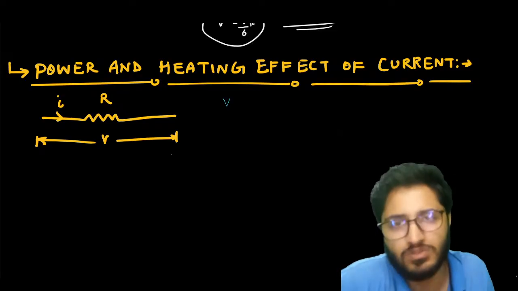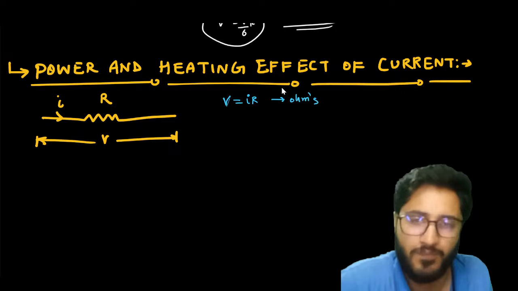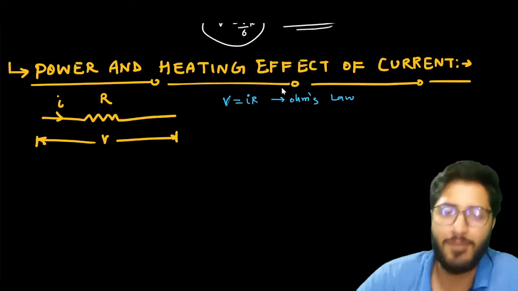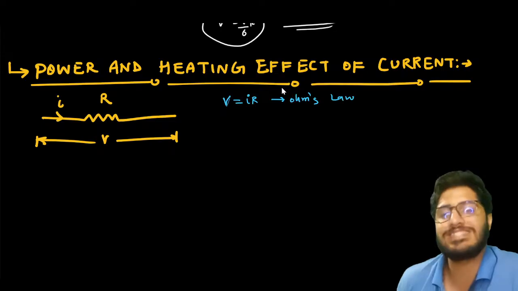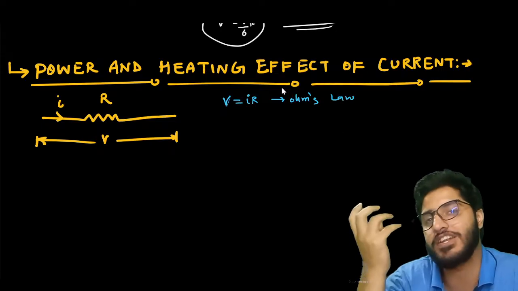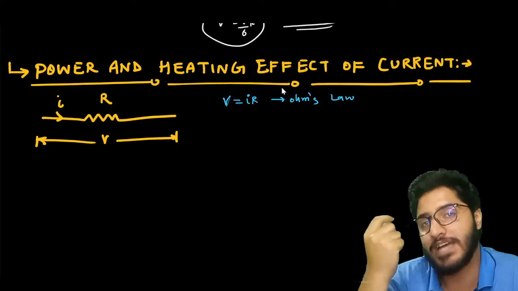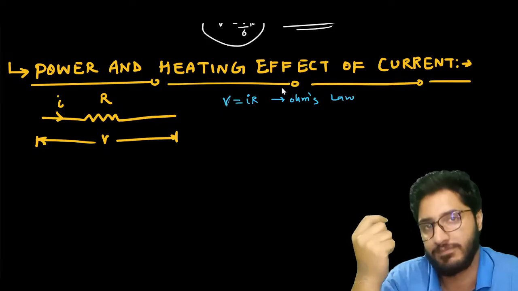V is equal to I times R, Ohm's law. But one more scientist came into play, known as Joule. Joule stated that whenever current flows through any resistor, there will be collisions of the charged particles, due to which heat is produced.